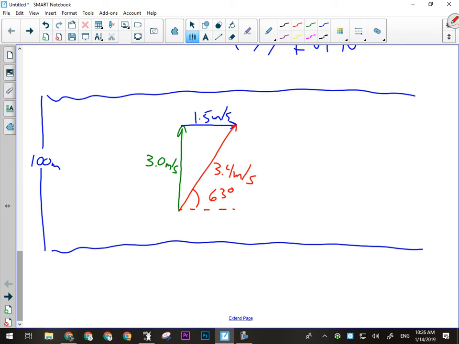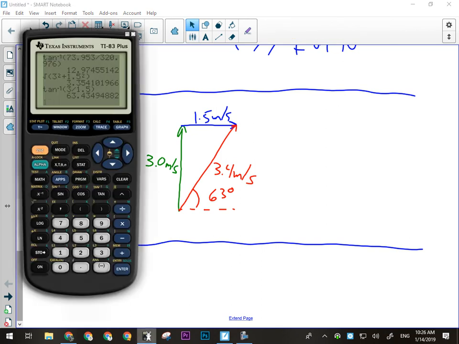I don't have enough information to get the time from the downstream part of it, but I do know how wide the river is, and I do know how fast I'm crossing it. It's 100 meters wide, and I'm traveling at 3 meters per second, so we're looking at 33.3 as our time. So it's going to take me 33.3 seconds to get across the river rowing the way I'm rowing.